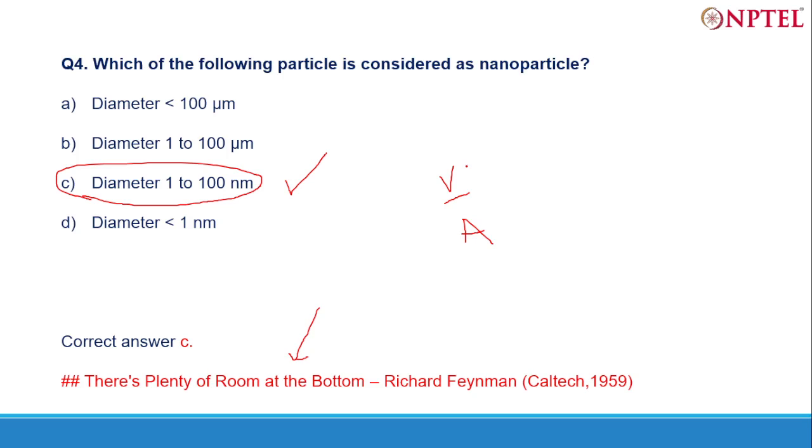There are several methods to prepare nanoparticles: atomization, ball milling, to name a few. You can use any of these to prepare nanoparticles. Any questions?